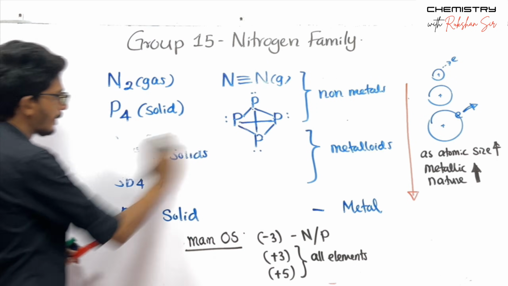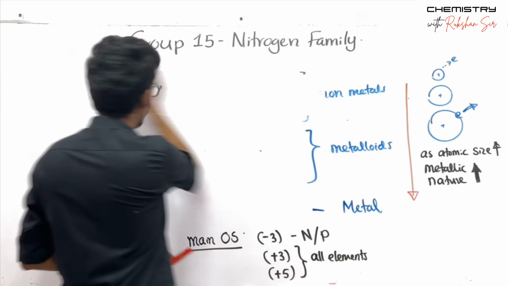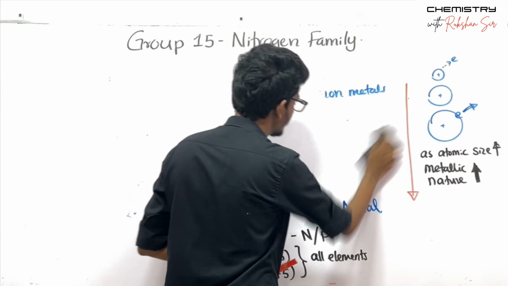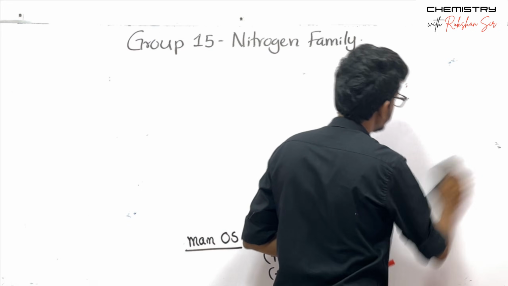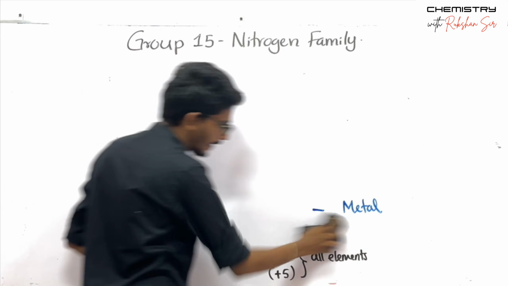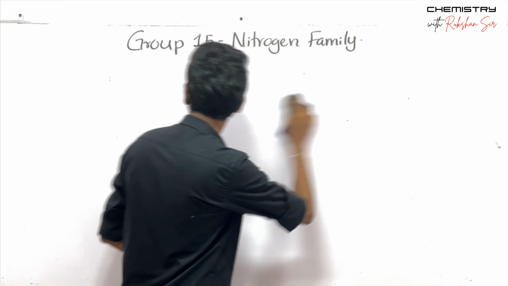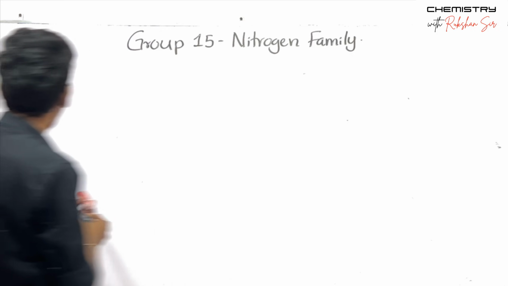This is just a bit about why it is so. One may think that showing the greatest oxidation state is pretty much easier for the last element of the group. Why is that?